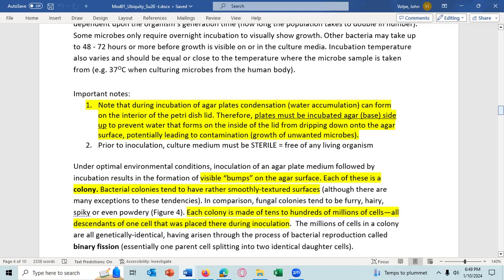And then the water will form a drop and then drop into the plate, which would disperse the microorganisms. It does not contaminate the plate, although it does add risk that there may be more contamination just because you're getting the water dropping from the lid.